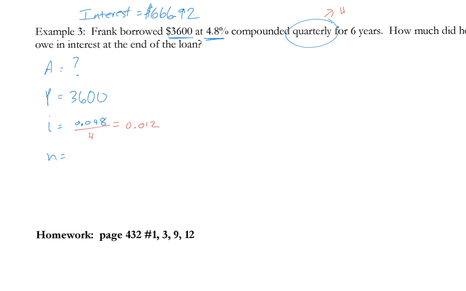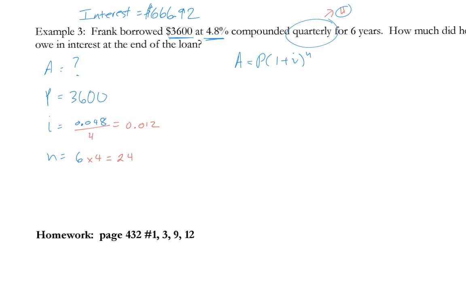Okay, now N is the number of years times that compounding number, which is that 4 number. So we're going to times it by 4, which gives us 24. So now our basic equation is this.